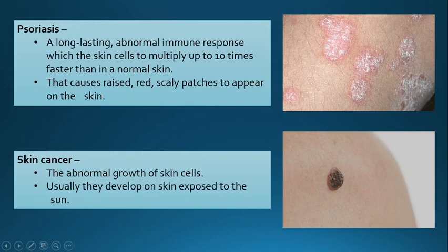The next disease is skin cancer. These are abnormal growths of skin cells. Mainly the reason skin cancers occur is the action of ultraviolet rays on our skin.